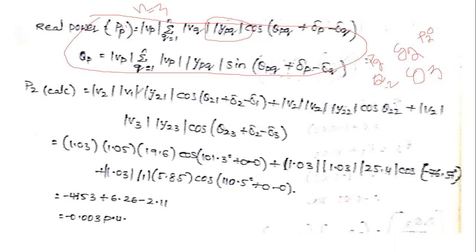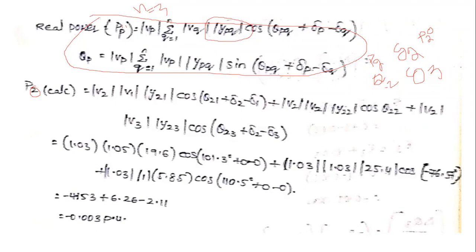P is equal to 2. Why? Because in PP, instead of P we are considering the value 2, that is V2. Magnitude VQ means Q is equal to 1.